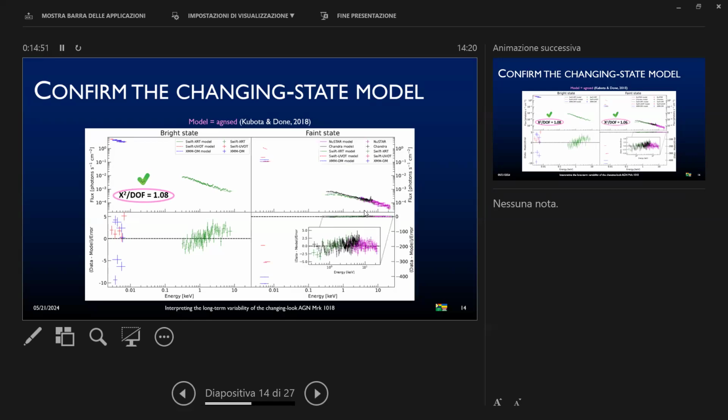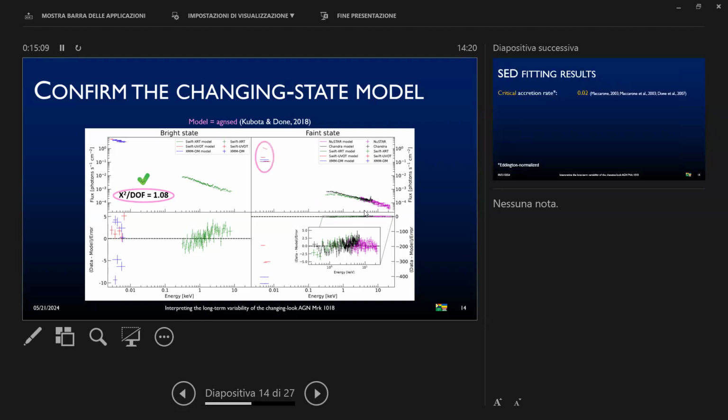But when we go to the faint state, the AGNSED model is a good representation of the X-ray part of the SED, which is again expected, given that not the full accretion disk has transitioned to advective, but only the inner part. And if we focus then on the optical UV part, the model, which is the dashed line on top, is overestimating the optical UV radiation.